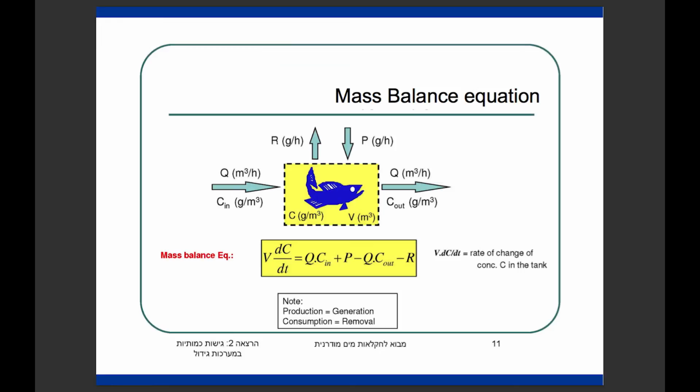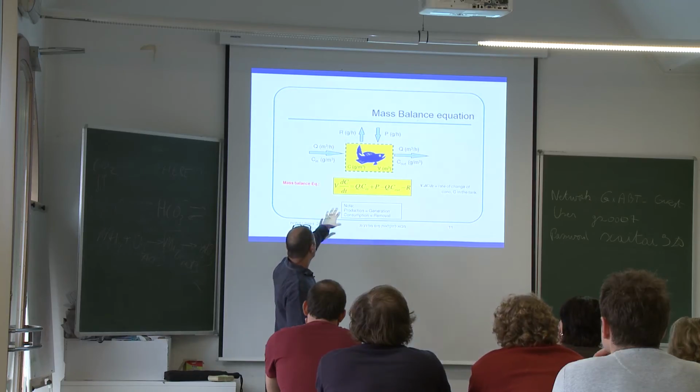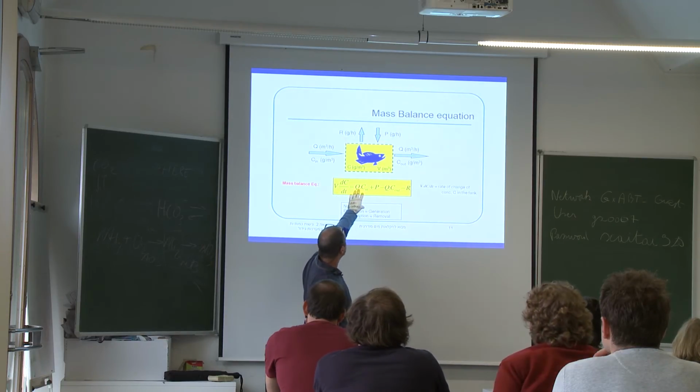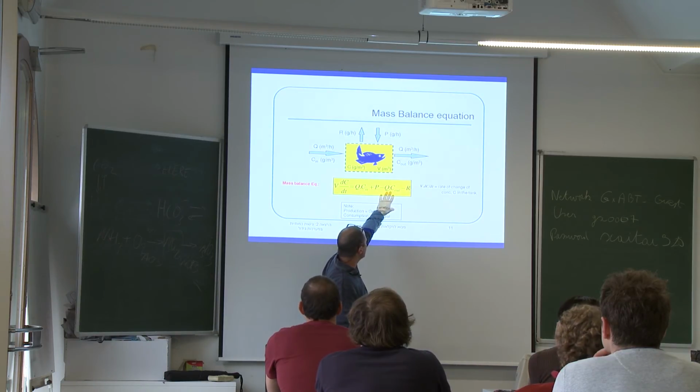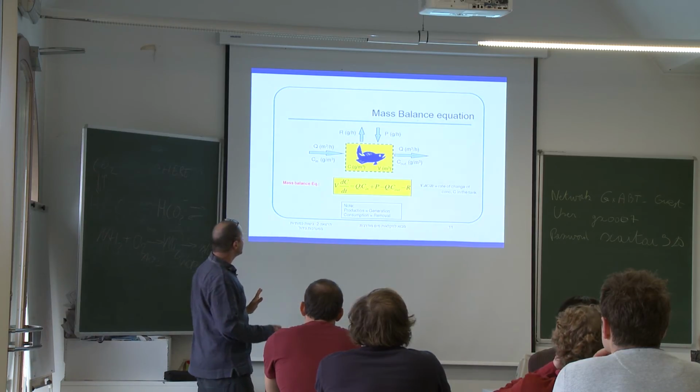So if you want now to put it in an equation, again the simple version: volume times the change in concentration over time equals, so that's the accumulation rate, this is in words, this is just in math, flux times concentration in, plus whatever is produced, minus flux out times concentration, minus whatever is removed. So it's exactly the same thing, okay?